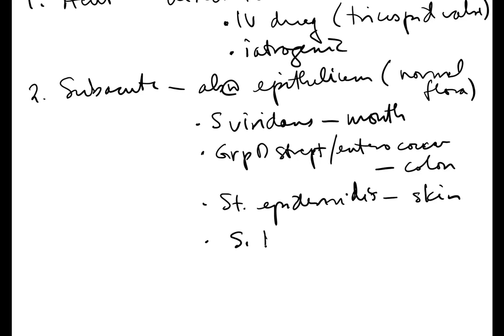And then there's one curious organism, which is Strep bovis, and it is distinctively associated with colon cancer. And no one can tell you exactly what that unique ulcer of the colon allows that particular organism in, but it's a well-recognized situation.